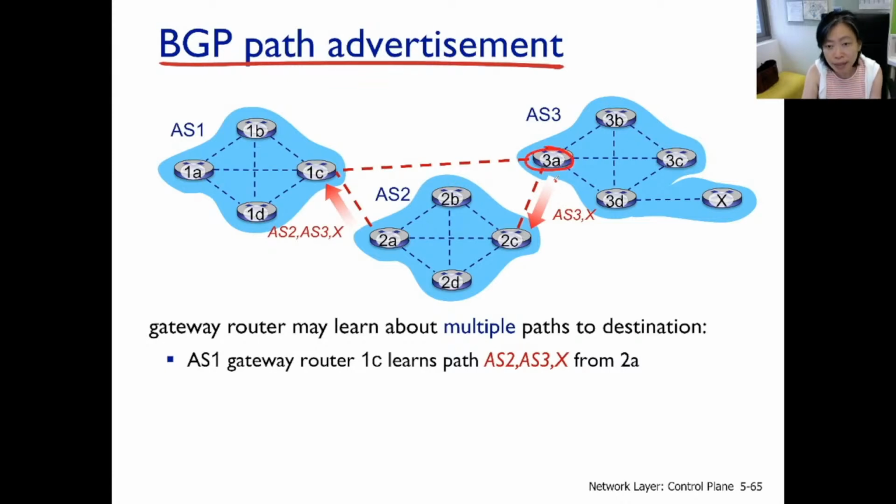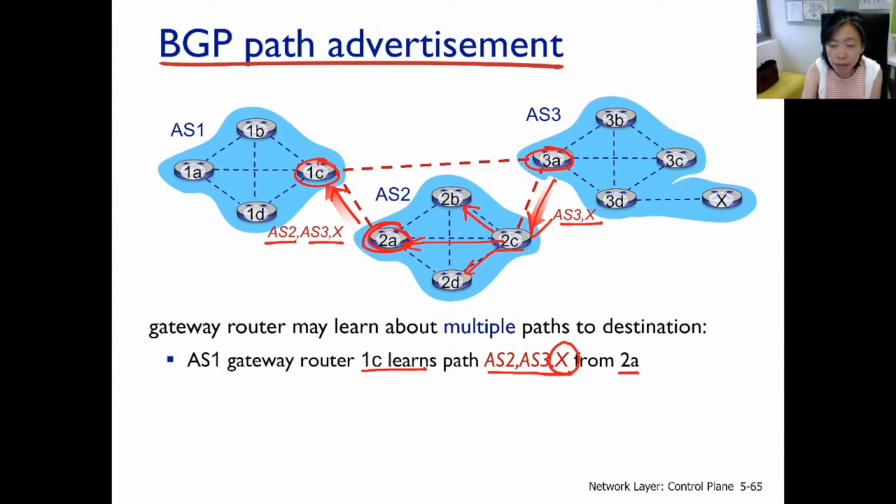AS3's 3A sends AS3, X, as an advertisement to 2C. 2C checks the import policy and therefore passes it on to all the routers internally. 2A picks it up, checks the export policy, and let's say that it's just allowing advertisements of the path further. So prepend AS2 to the path and then send it further. At this point, 1C learns the path AS2, AS3 to destination X. And the way to go is for 1C to send to 2A.